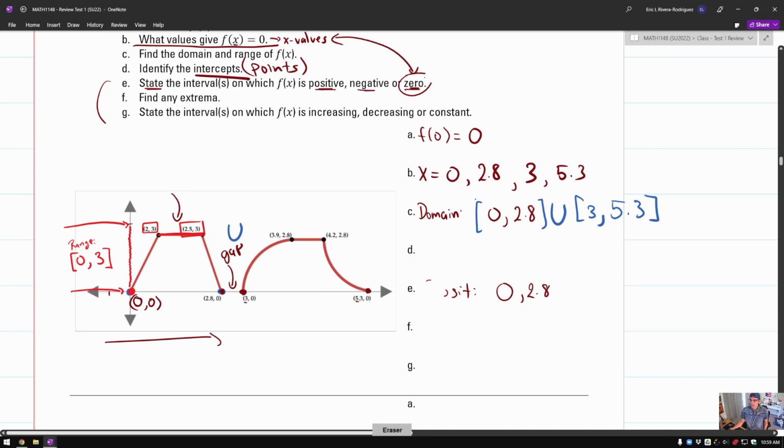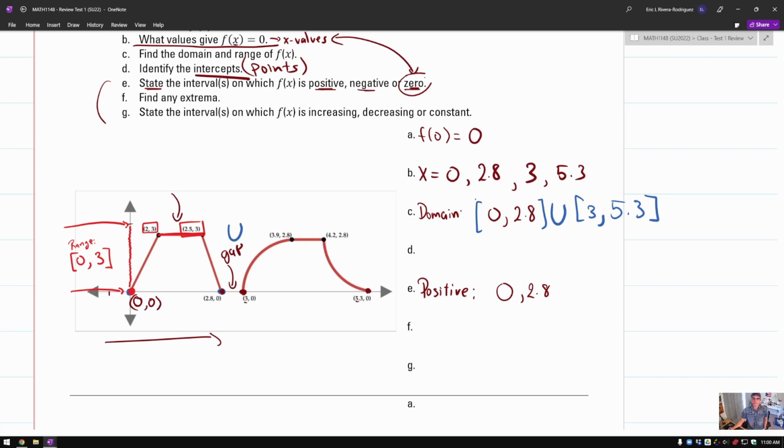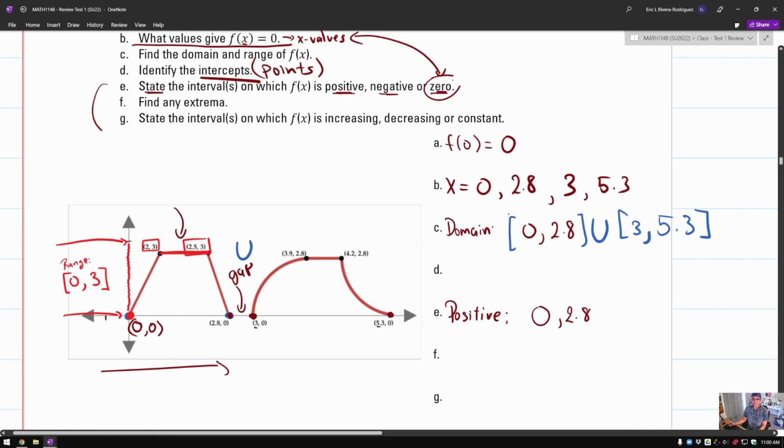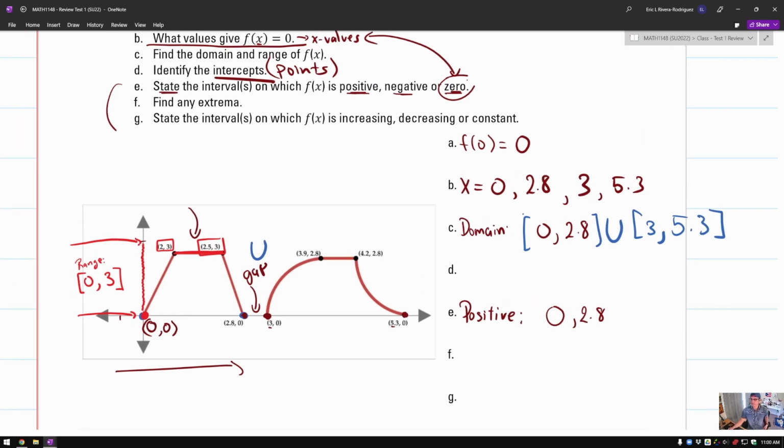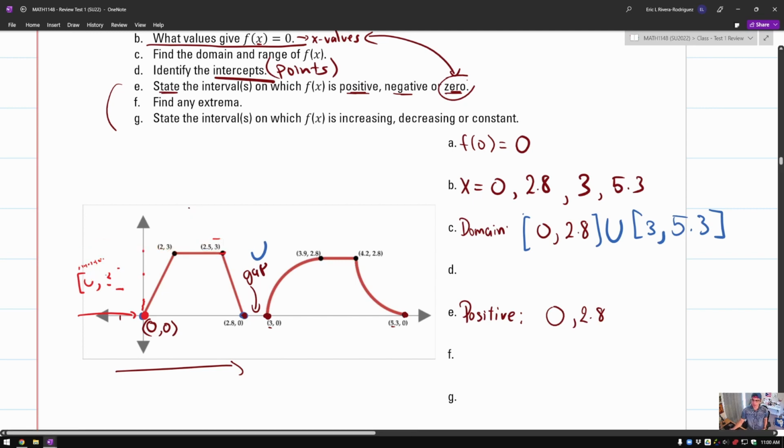My question is, do I need to use parentheses or a square bracket in this case? This is an interval, and from 0, I'm going to erase all here to make it easier to read.